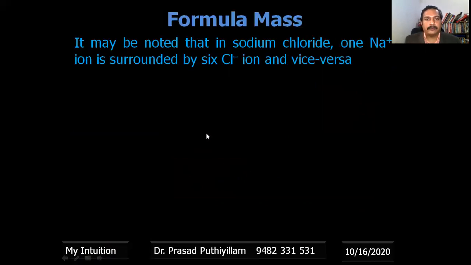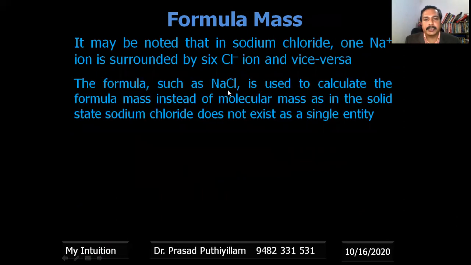In the case of compounds like sodium chloride and potassium chloride, which exist as ions, Na+ is surrounded by 6 Cl-, and vice versa, 1 Cl- is surrounded by 6 Na+. In such cases, we take NaCl as the formula.